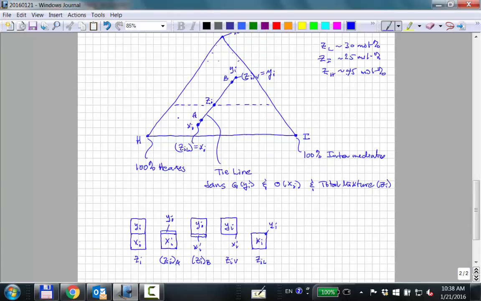So all of these have identical chemical energy, both total and each component's chemical energy in either the vapor, which would equal the chemical energy in the liquid. And it's independent of how much vapor or liquid you have.